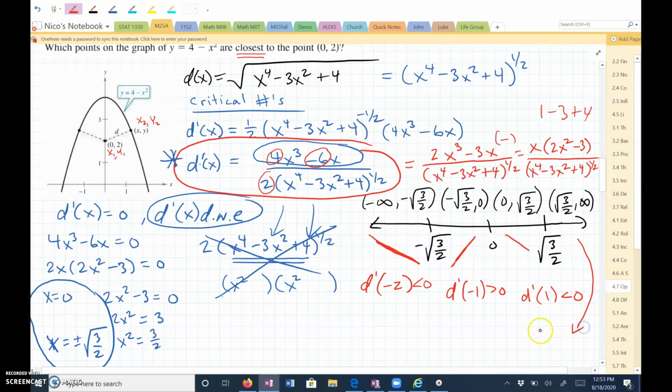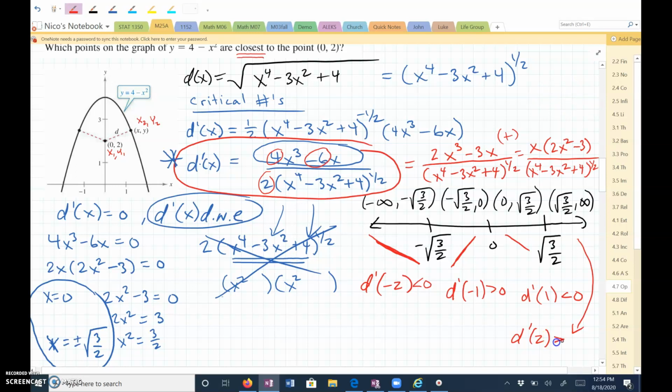Last one, you want to test 2. So this would be 2. 8 minus 3, that's going to be positive. And the denominator, let's see, this would be 16 minus 12 plus 4, that's going to be positive.